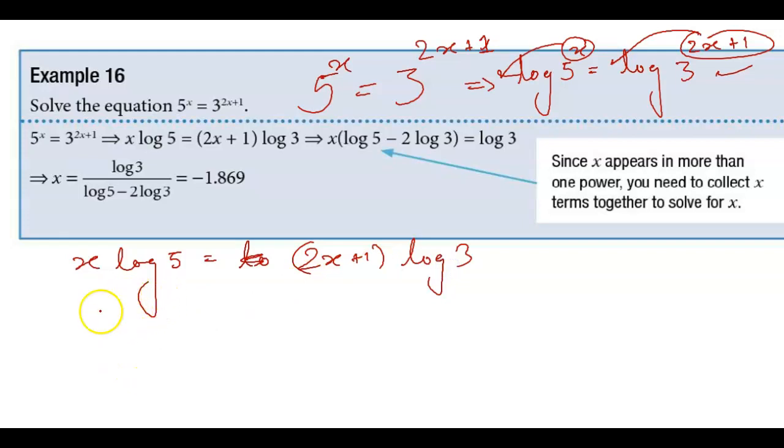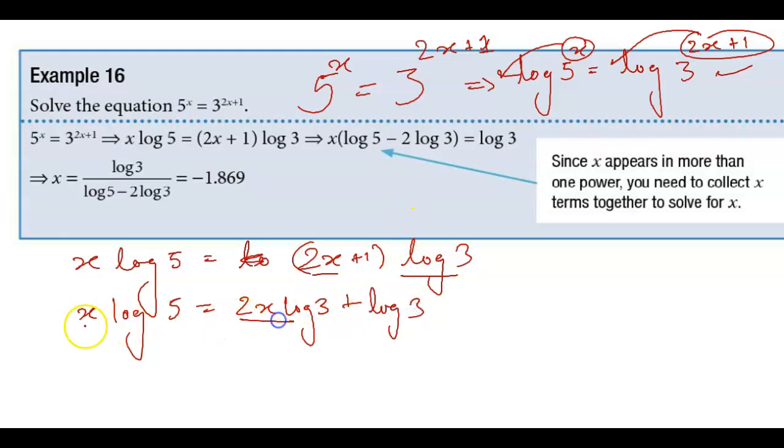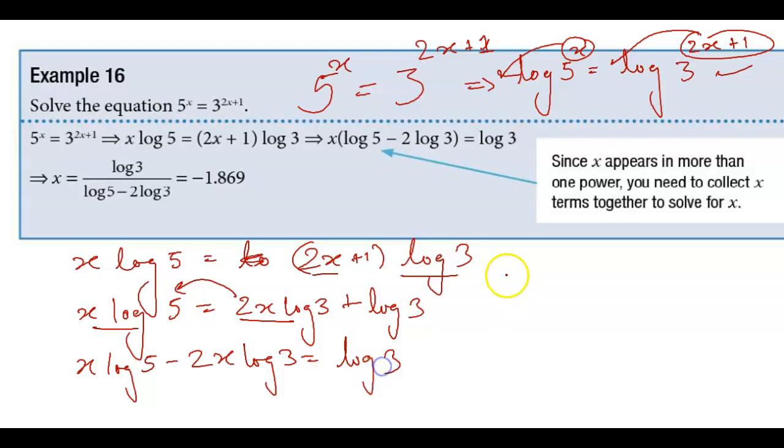Now children, what you are going to do? You are going to expand the bracket. x log of 5 equals to 2x into log of 3 plus 1 into log of 3. Okay. Now take x on the same side. Take it on the left hand side. So you'll be having x log of 5 minus 2x log of 3 equals to log of 3. Now you can take x common from left hand side.